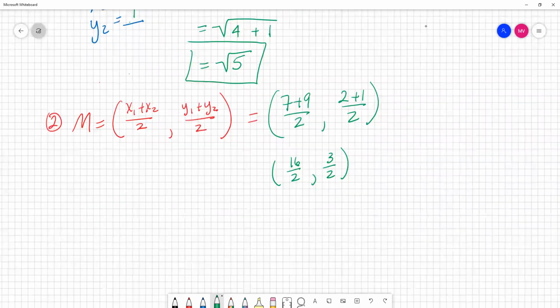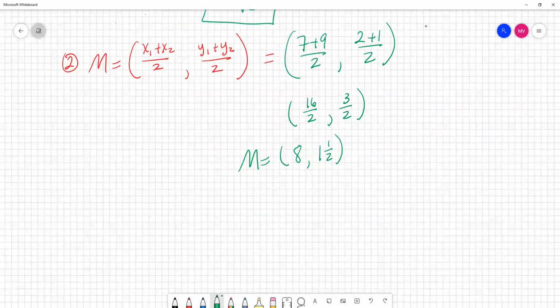So we simplify that to the midpoint falls at 8 and 1 and 1/2. You could do 1.5, or if you don't like mixed numbers, you can just leave it as 3/2. Either one.